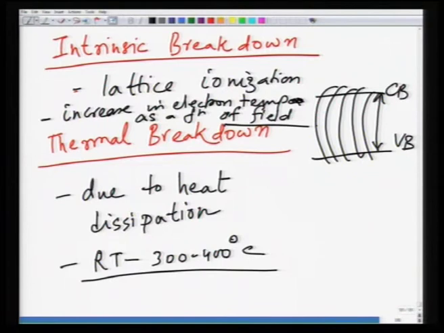This process can be slow since it takes time for the heat to build up, and the time range varies from milliseconds to a few minutes. It also depends upon sample geometry, because sample geometry will determine how the heat is dissipated out of the sample.